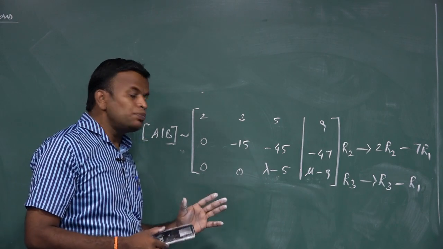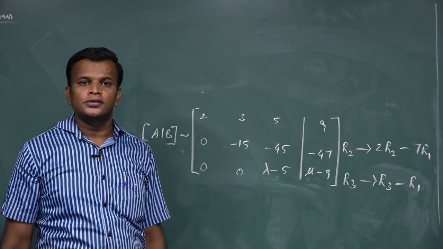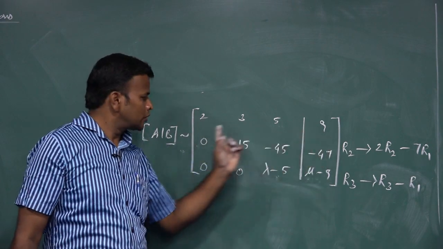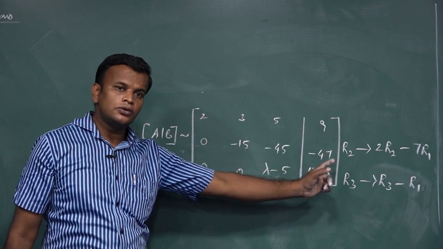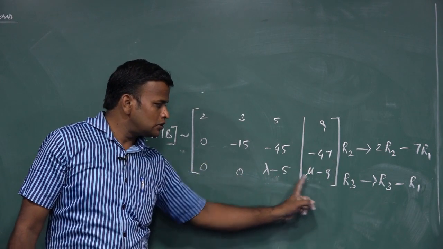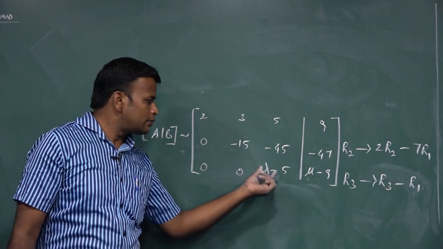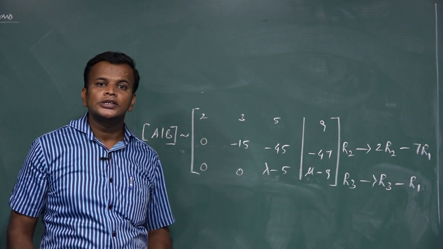Both the ranks should be 2, I say. Is it correct or not? The first row is a non-zero row, the second row is also a non-zero row. We make these two elements 0, so the third row is fully 0. So we put lambda minus 5 is 0 and nu minus 9 is 0.